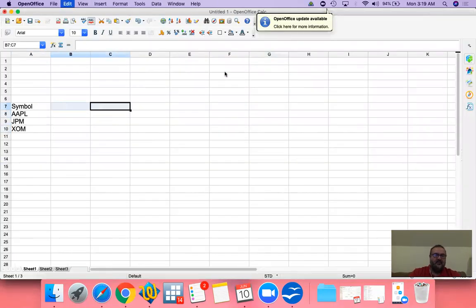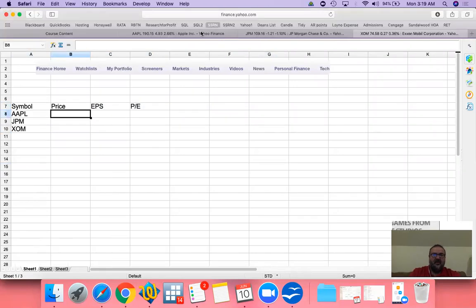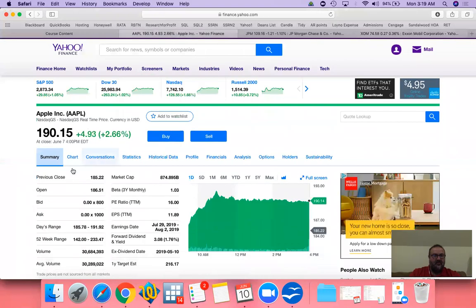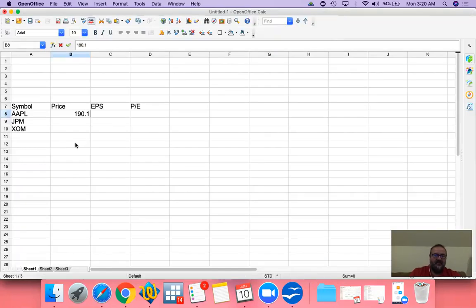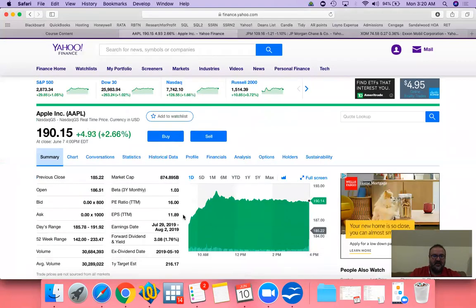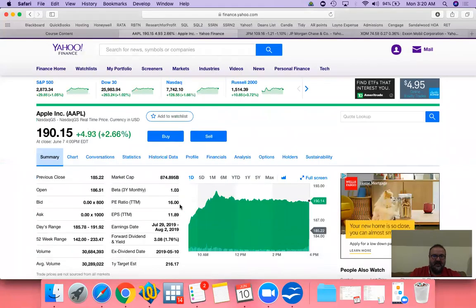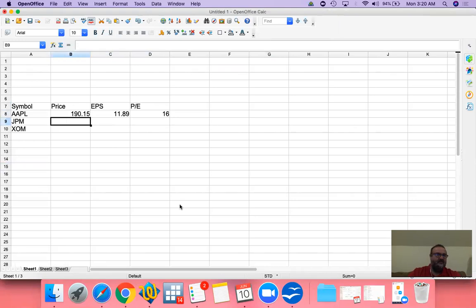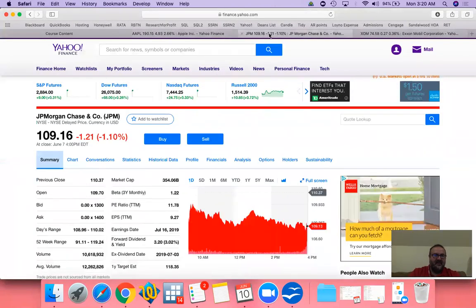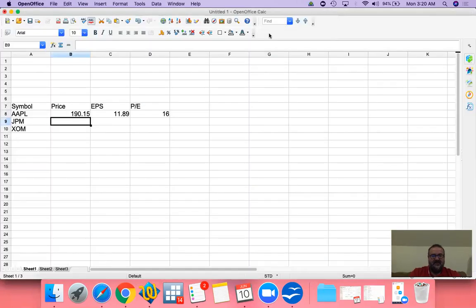And then we have their stock price. So Apple has a stock price of $190.15, and then it has an earnings per share of $11.89, which makes the PE 16. Now JP Morgan Chase has a $109.16 stock price.